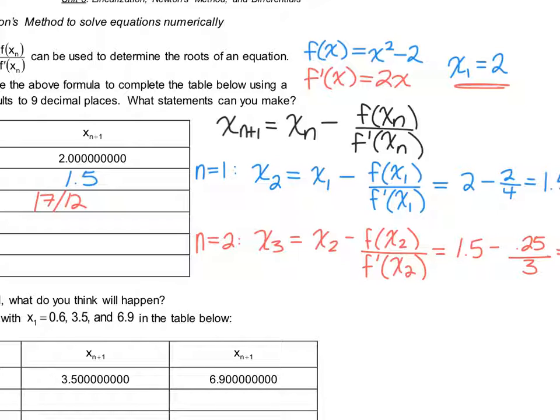I'd have to square 17/12ths. 17 squared is what? 289. Then I'd have to subtract 2, and it's a mess. All right, so I don't want to do that. What I do want to do is go to my calculator and just be so happy.